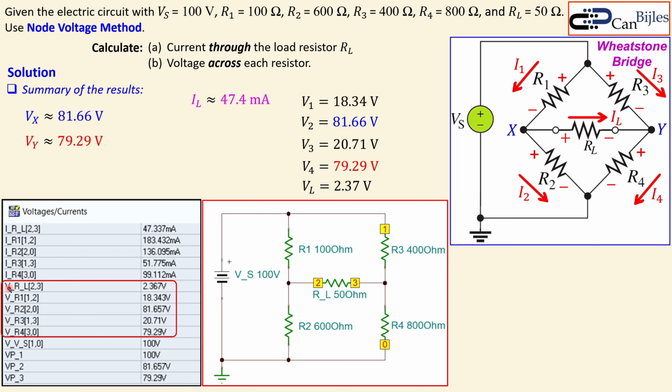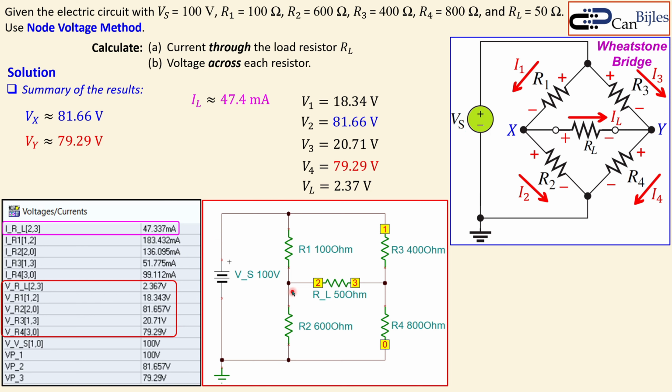And we also have VL, which is here, 2.367, very close to 2.37, and that's what you have here. So those results confirm our calculations also. The current IL is shown here, which is 47.3 approximately, very close to what we have.